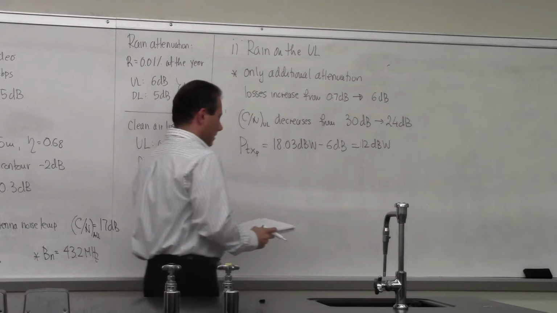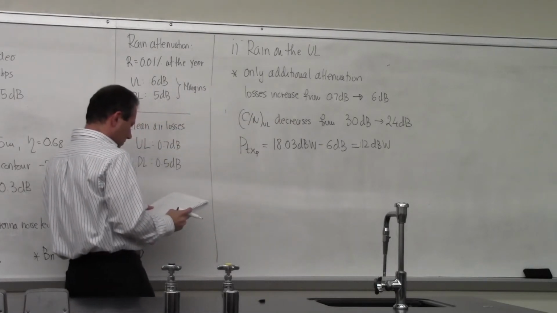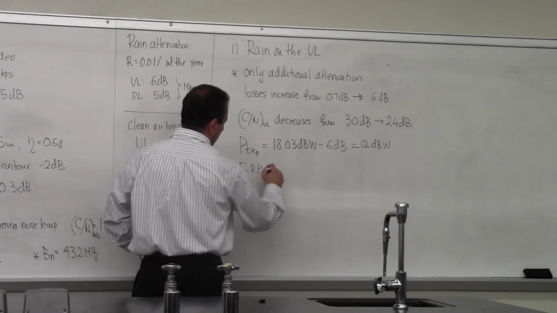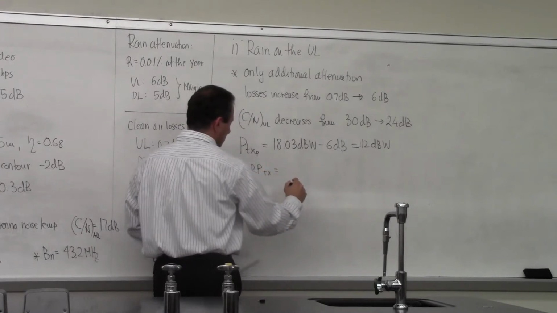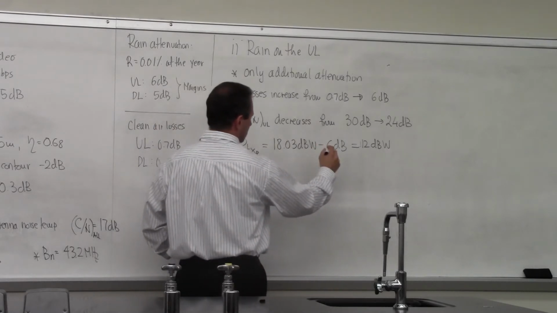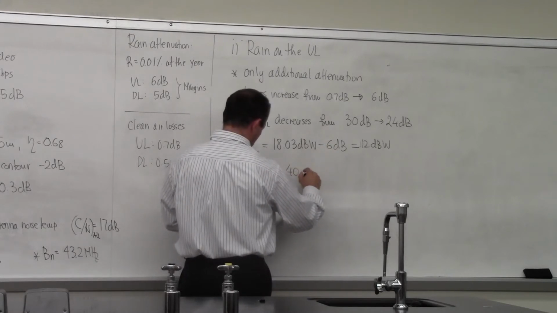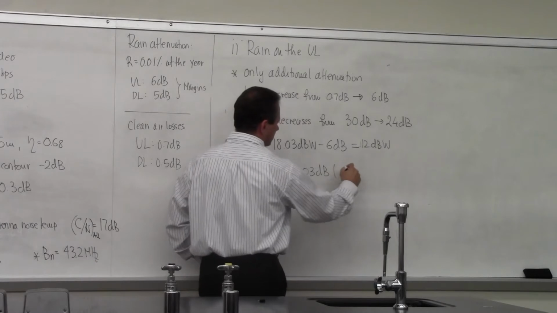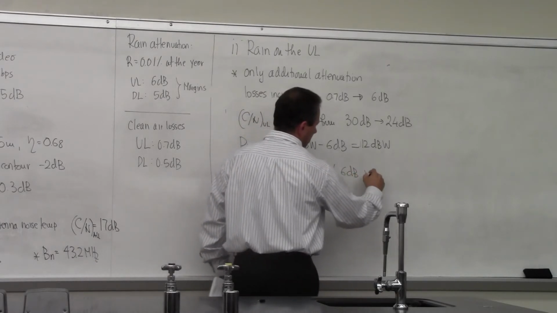And therefore the EIRP of the transponder goes from 46 to 40.03 dB watt, a 6 dB reduction.